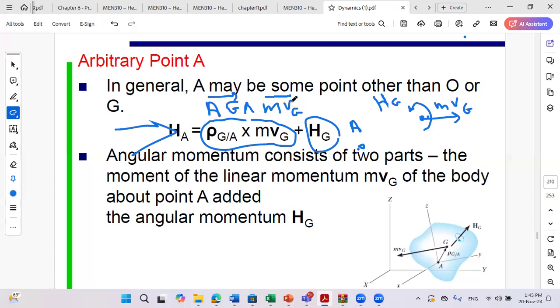Okay. And in particular, if you want a fixed point, if you have rotation about a fixed axis, as we have seen before, we can demonstrate that. We'll see in the next slides. The velocity will be 0, so you will see that you can develop, in this case, a simple formula for rotation about a fixed axis.